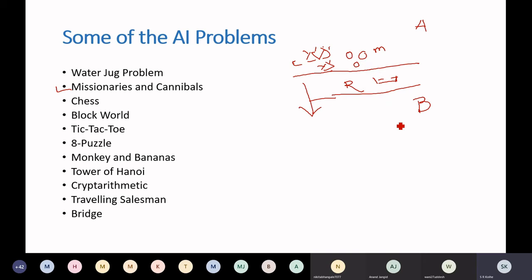If that's the case, then the cannibals eat the missionaries. So that constraint always has to be satisfied. So how can this be done? You have to make trips. The boat will make trips. The missionaries and cannibals will go sometimes together, sometimes alone.